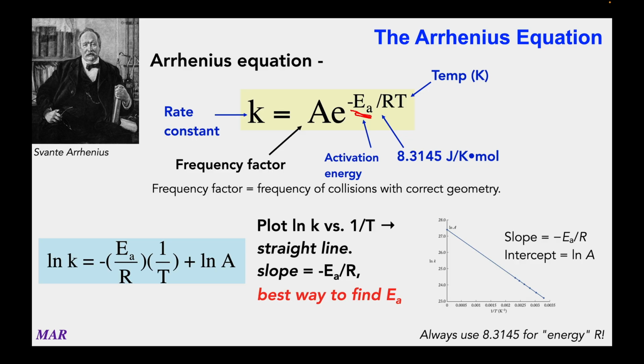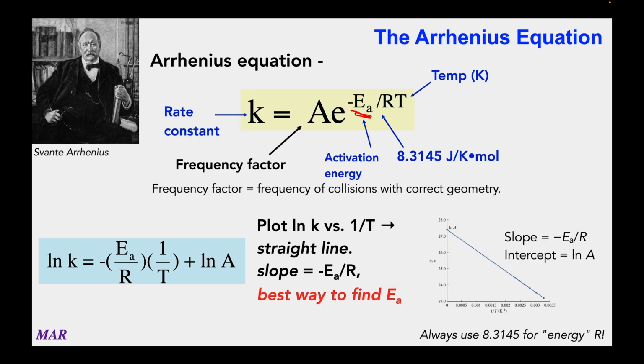So if you multiply the slope by minus 8.3145, you will get the energy of activation. And this is considered the best way to find the energy of activation for a reaction. Now, the y-intercept equals natural log of the frequency factor. So if you want to find the value of A, you can take e to the x of the y-intercept to find the value of A, which is kind of cool.